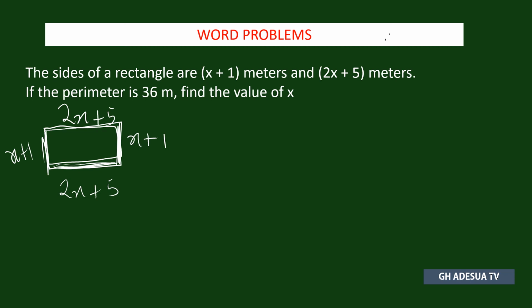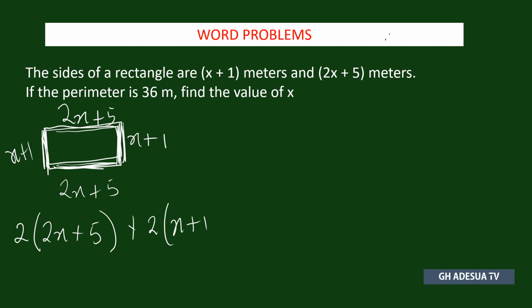There are two sides with 2x plus 5 and two sides with x plus 1. So we go: 2 times (2x plus 5) plus 2 times (x plus 1), and this should be equal to 36.